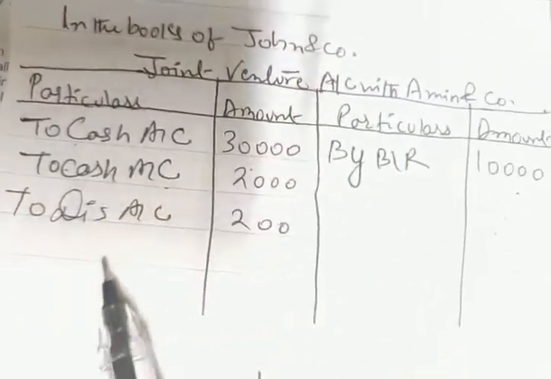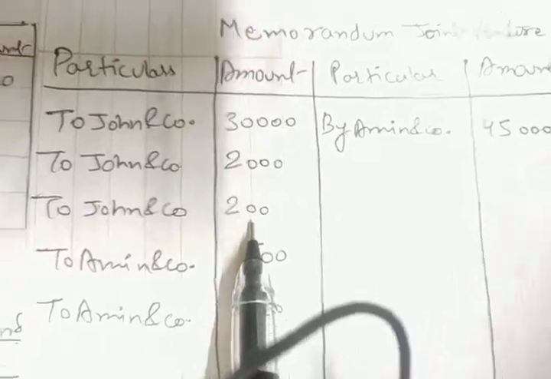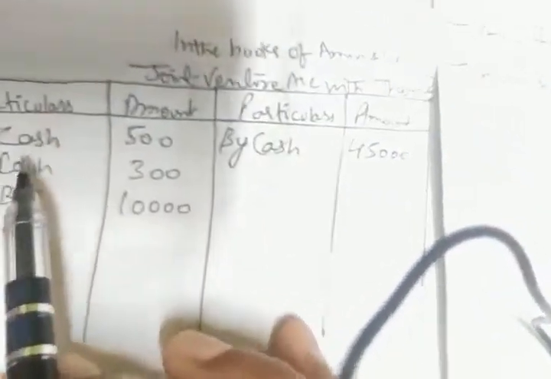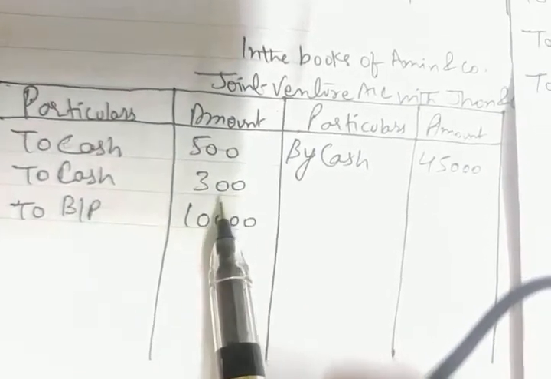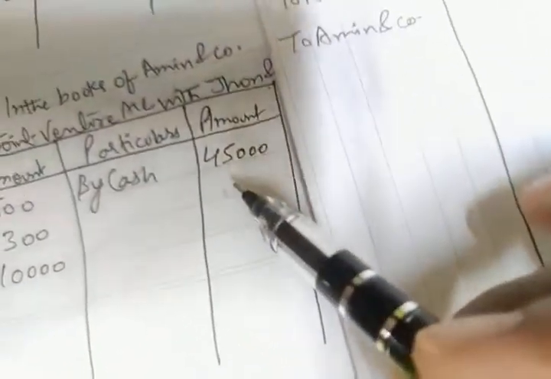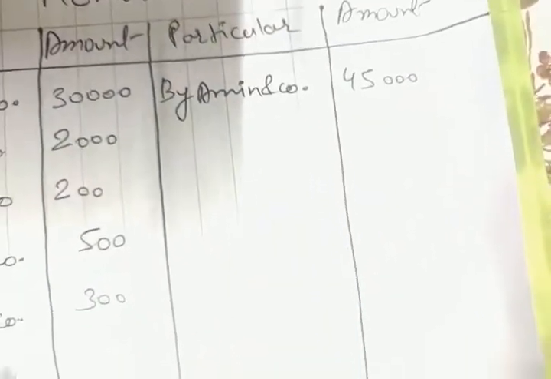Then John and Company has gone for a discount of 200, so we have taken the discount also, that is the expense of 200. Then in a similar way from Amin and Company also, cash 500 expense, cash 300 expense. Both we have taken, expense 500 and 300, and then the sale from Amin's book, 45,000 sale also taken. Okay, now all the entries are here.